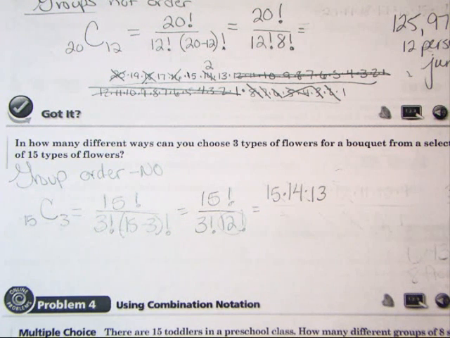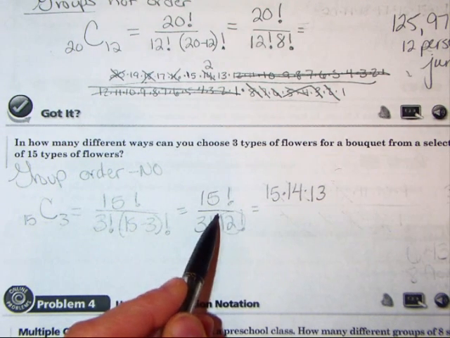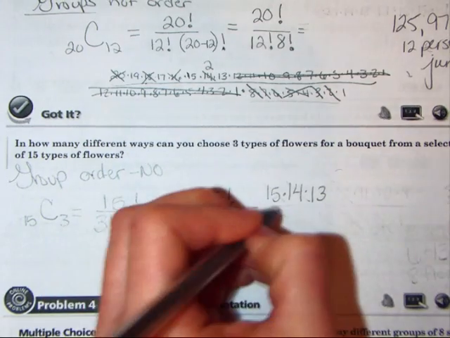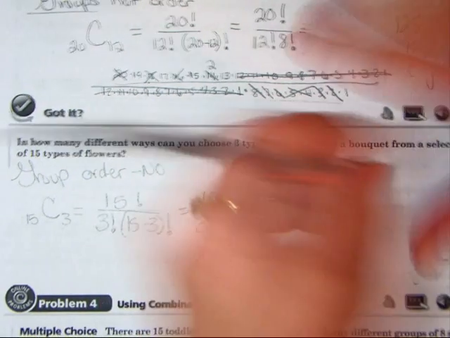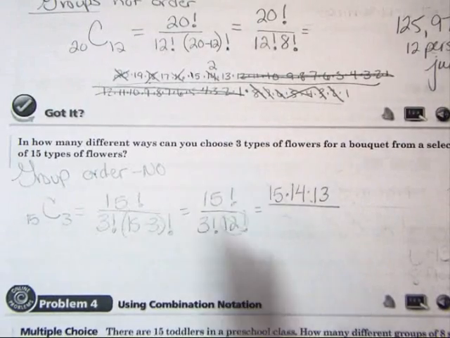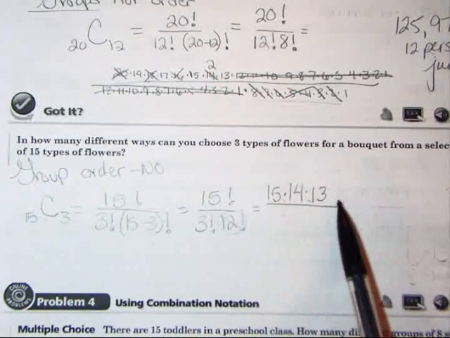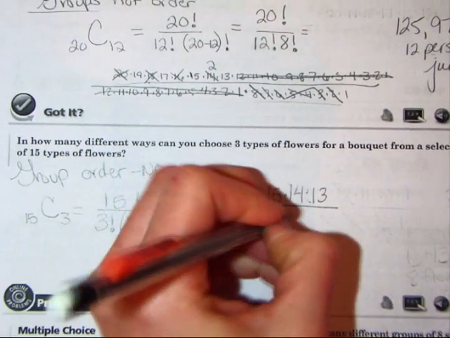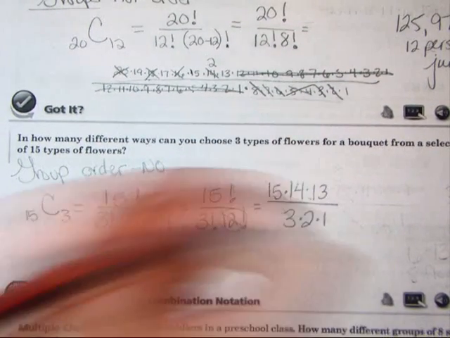Because if I kept going 12, 11, 10, 9, so on and so forth, it would cancel with this 12, 11, 10, 9, so on and so forth. So I'm going to save myself a lot of writing, and I'm just going to cancel out this 12 and pretend like it already canceled with this 12 up here. So the new bottom is just 3 times 2 times 1.